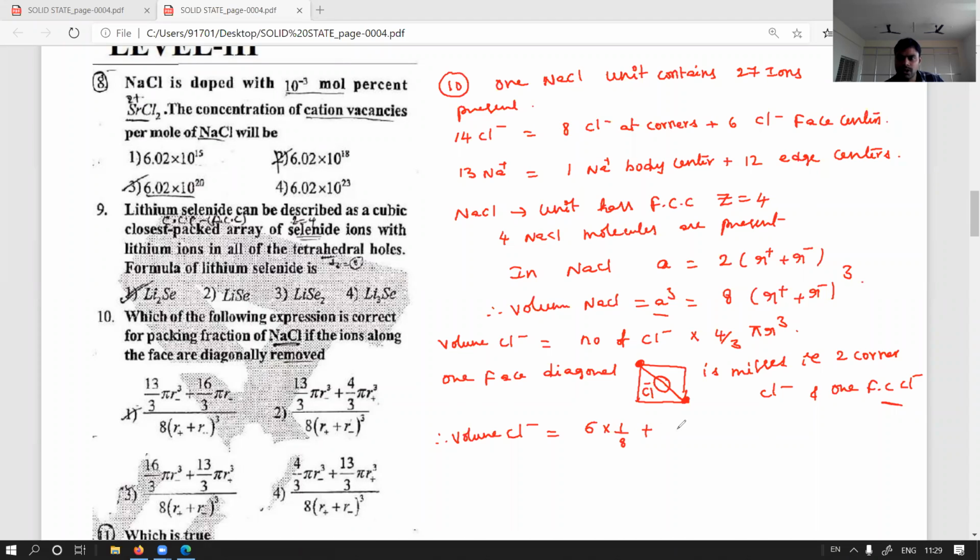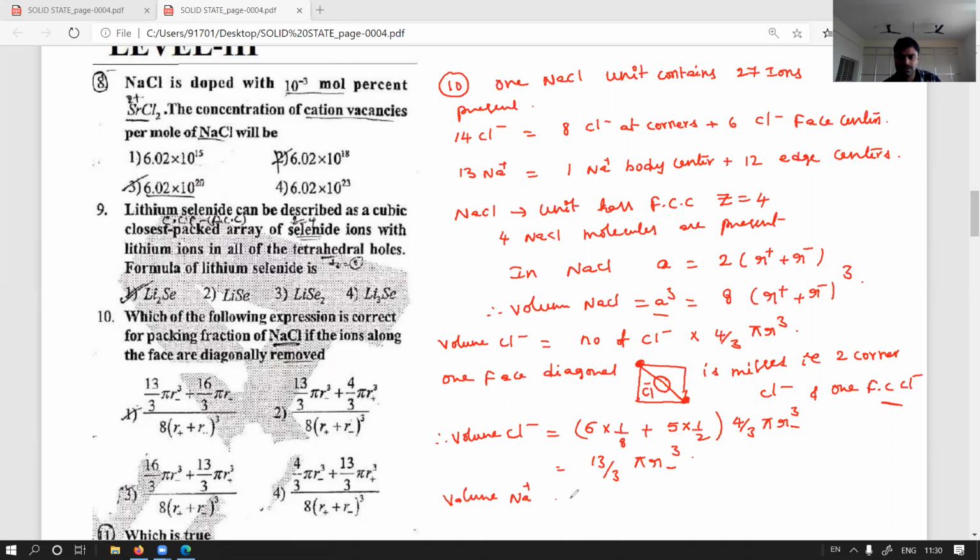Plus, out of the total 6 face centers, only 5 are present, and the contribution of each is 1 by 2, times 4 by 3 pi r cube, because we have to use the radius of the anion, r minus. If you simplify that, we'll get 13 by 3 pi r minus cube.